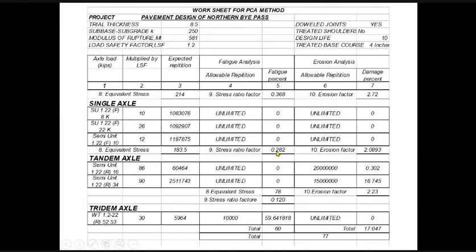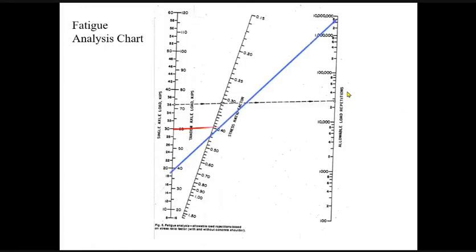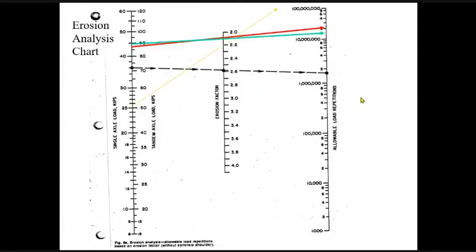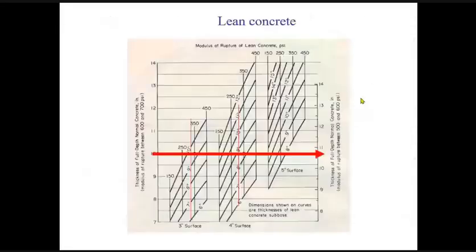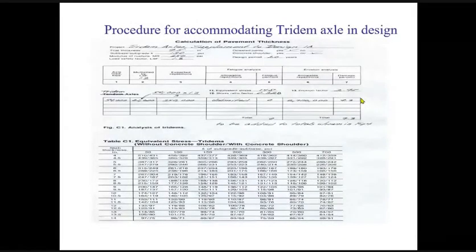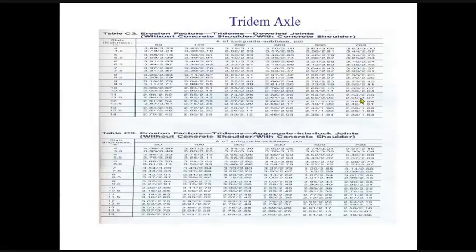Now, then there is an erosion factor. Obviously, I have to refer to a table for erosion factor in a similar manner. Unfortunately, this is not there, but you have to believe me, these are erosion factors for the tridems, but you can have erosion factors for single and tandem axle.